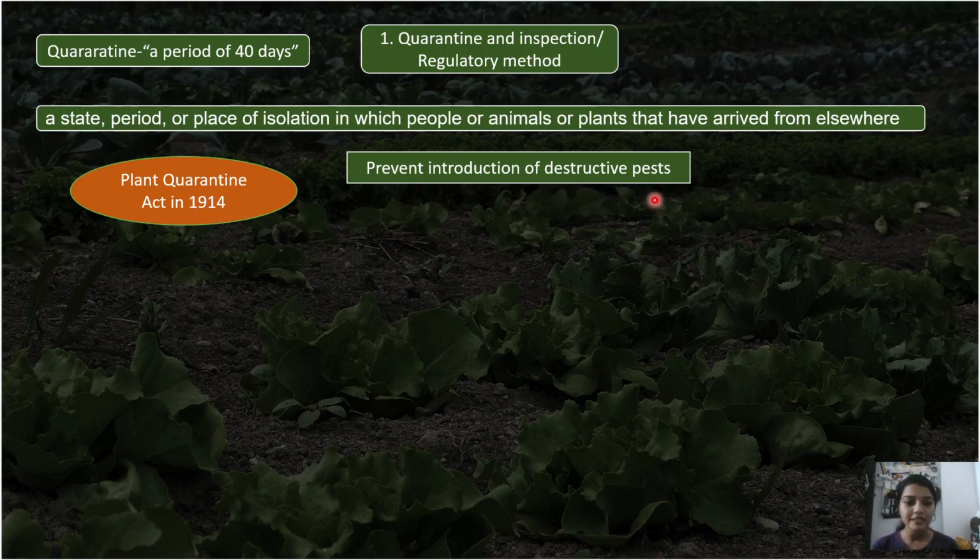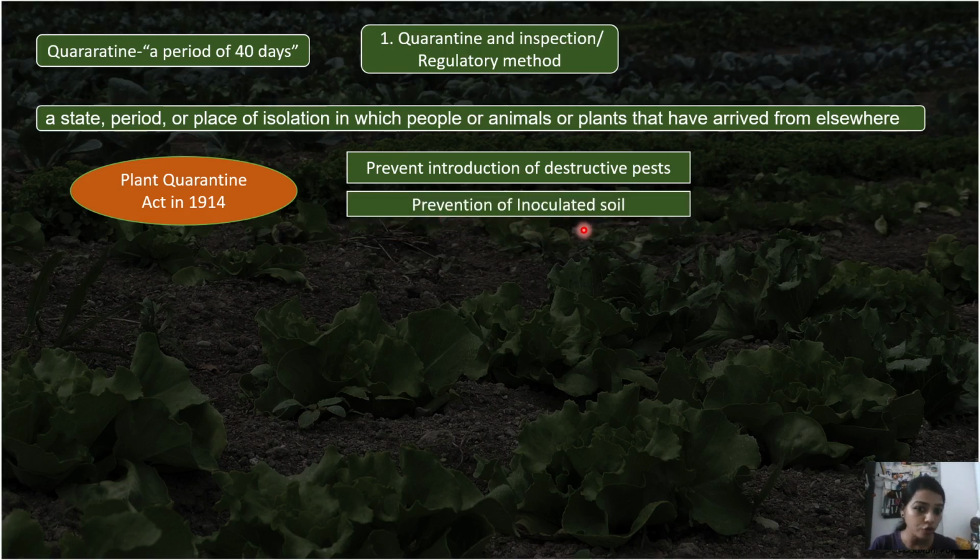What happens is when any plant comes from other countries, there might be any kind of pest or spores or fungal mycelium or bacterium attached to those plants, right? To prevent those diseases from coming from other countries, this Plant Quarantine Act was helpful. Then prevention of inoculated soil was also included under the Plant Quarantine Act.